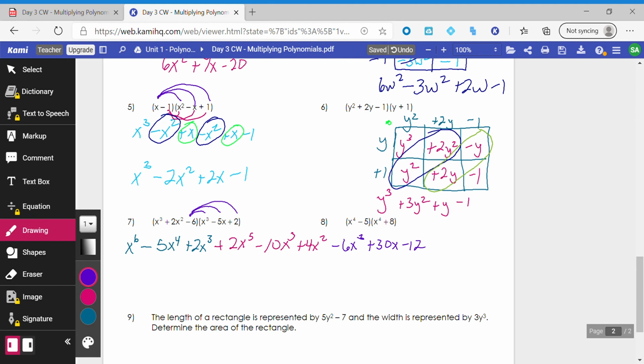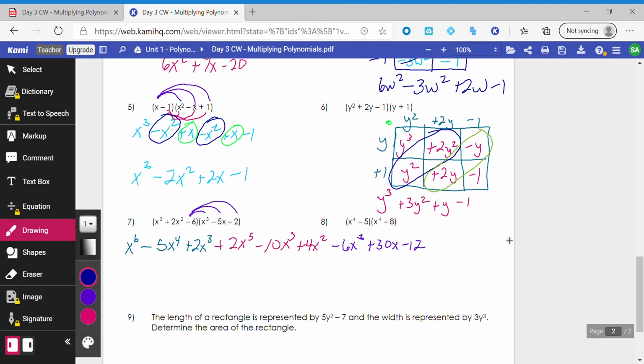Now what I have to do is go through, see if we got any like terms, highlight them, or circle, use different shapes. So x to the 6th, do we have any other x to the 6th in our problem? Nope.